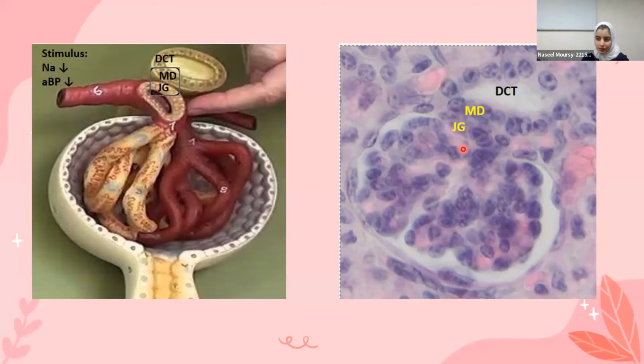Now we're going to some physiology. Renin is part of which pathway? Renin, angiotensin, aldosterone system. Good.